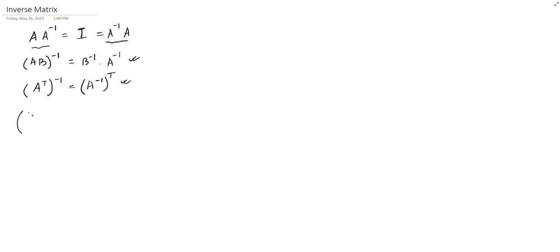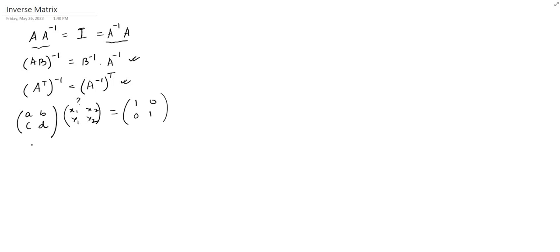So let's consider we have a matrix A, B, C, D, and we want to find the inverse matrix. And we know that the product is basically an identity matrix. So this is like this, and we don't know this. What we are planning to do is put in the values x1, y1, x2, y2.